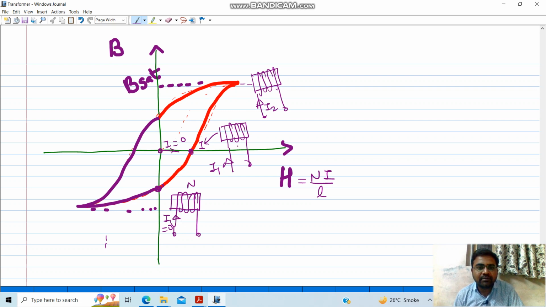If we compare I1 and I2, then I2 is greater than I1, because I2 corresponds to this value and I1 corresponds to this value. So this is proportional to I1 and this is proportional to I2. So I2 will be greater than I1.